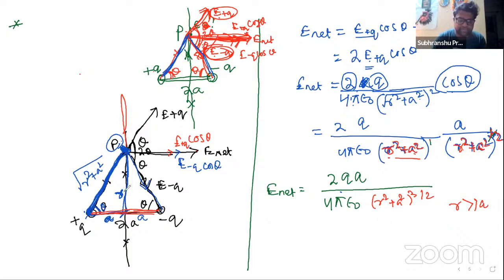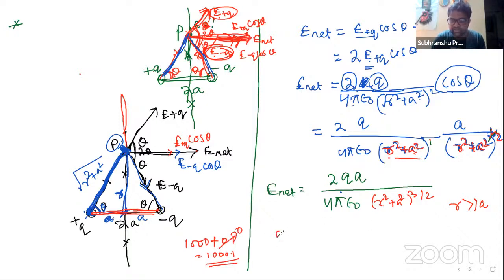So what can we do? Now r square is very big as compared to a square, so we can neglect a square. Like if r square is 1000 and a square is 0.1, your result will be 1000.1. So the result is not changing very much. That's why we can neglect this 0.1, approximately 0. So a square will approximate to 0.